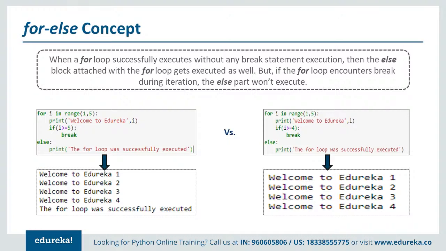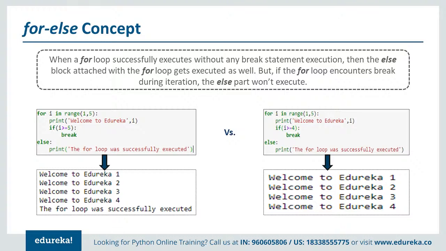But on the right hand side it's saying that if the value of I is greater than or equal to 4, which is actually happening, because in the range between 1 to 5 we are getting the values 1, 2, 3 and 4. Till 4 we are getting. So definitely that if statement is executing there, and it did a break on the for loop, and that is the reason why we don't see any else part executed in that loop.